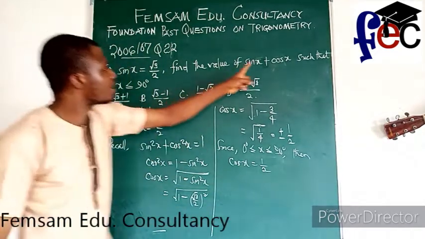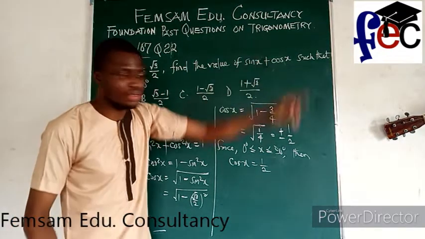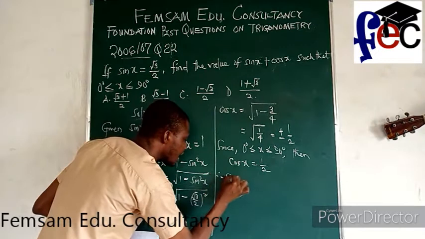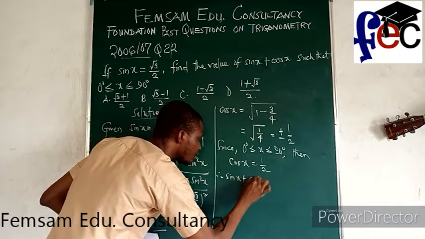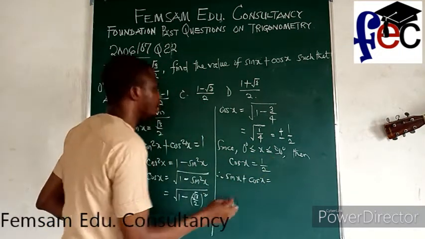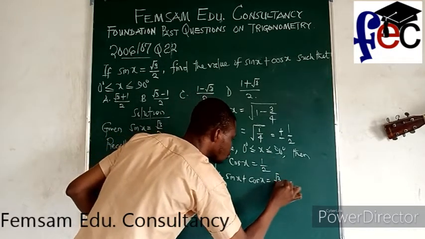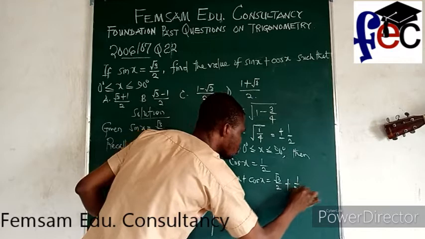No. We are to find the value of sin x plus cos x. So my duty now is that therefore sin x plus cos x will give me root 3 over 2 plus 1 over 2.